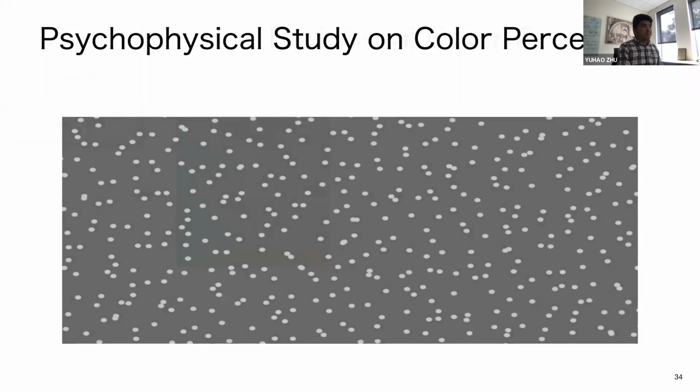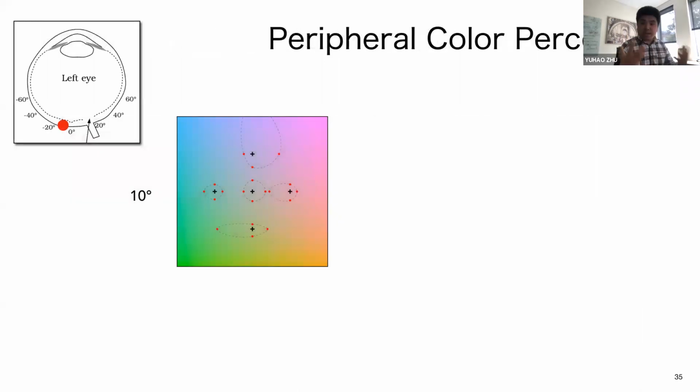Now, the data we get from the psychophysical studies is the following. Remember, this is the retina, and eccentricity 0 is the fovea, where your visual acuity is the highest.